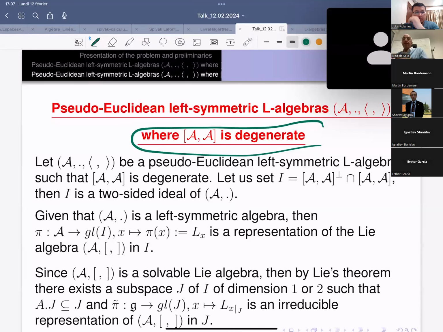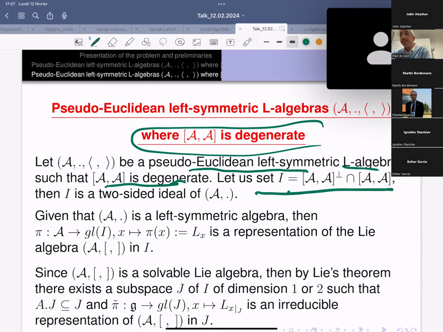In this case, the key of the description is Lie's theorem. If you consider a degenerate left-symmetric algebra, this sub-vector space is non-zero, and it is a two-sided ideal.